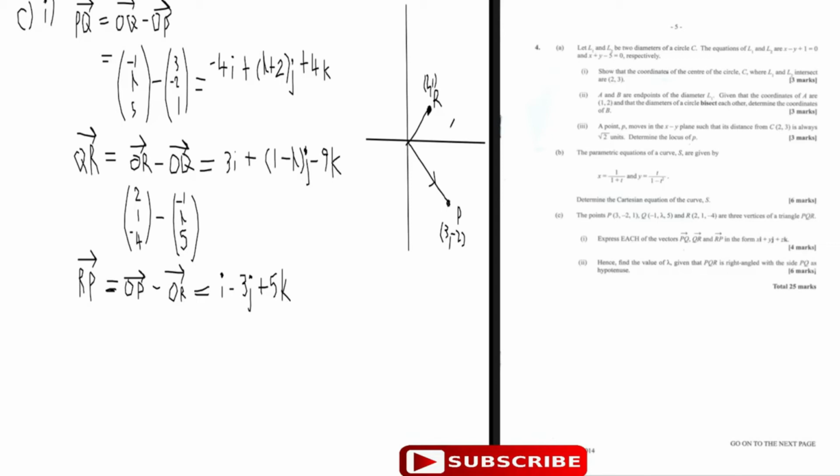And then we don't know where Q is, but based on what they said, PQ is the hypotenuse. So PQ is the longest side. So where can we put Q?